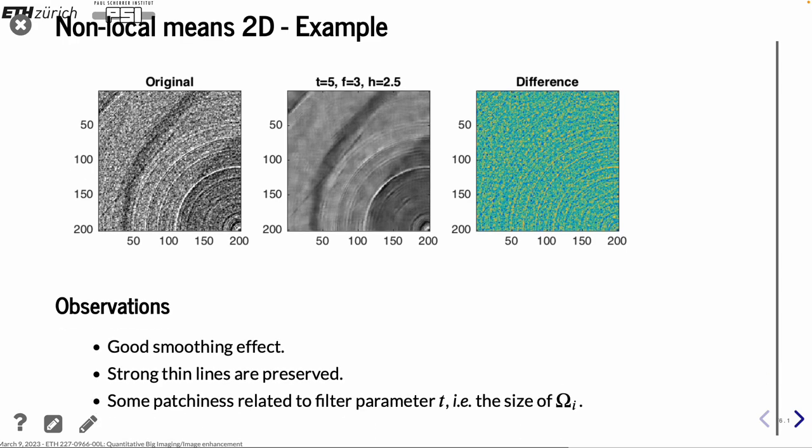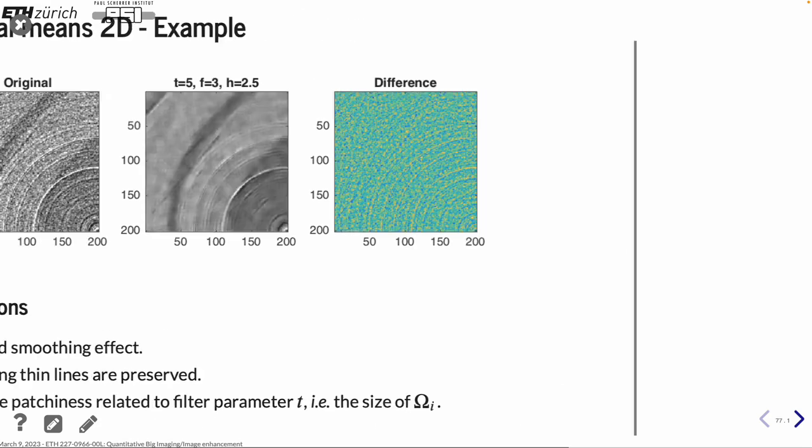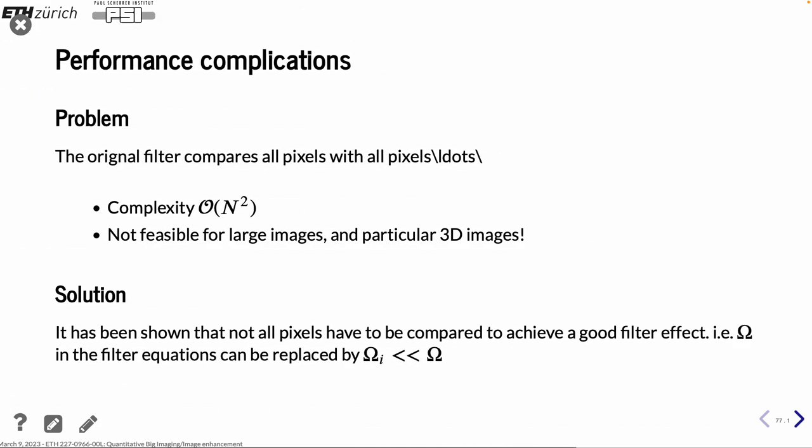The problem with non-local means is the computational complexity, because it's n squared again. I did a very primitive implementation and realized that for a 1,000 by 1,000 voxel image, it would take astronomical times to compute the filter.